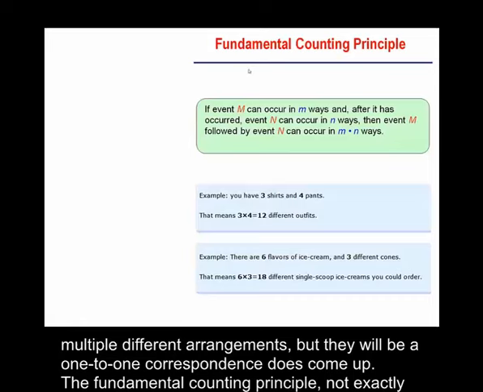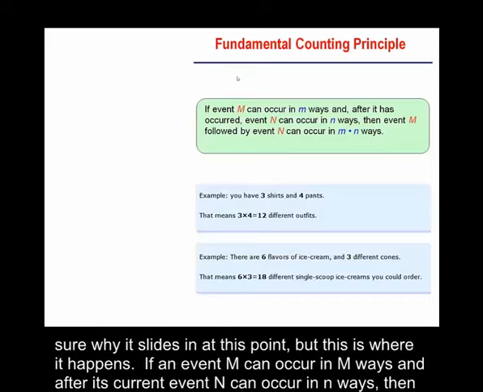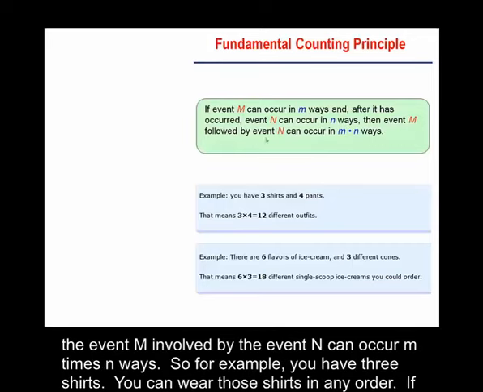The fundamental counting principle, not exactly sure why it slides in at this point, but this is where it happens. If an event M can occur in M ways, and after it's occurred, event N can occur in N ways, then the event M followed by the event N can occur in M times N ways. So, for example, you have 3 shirts. You can wear those shirts in any order.